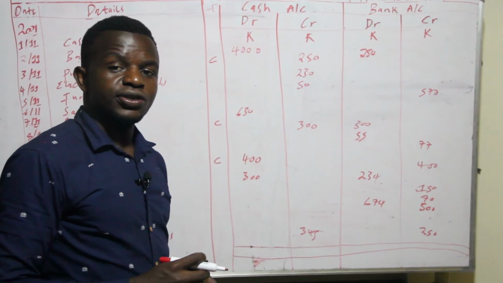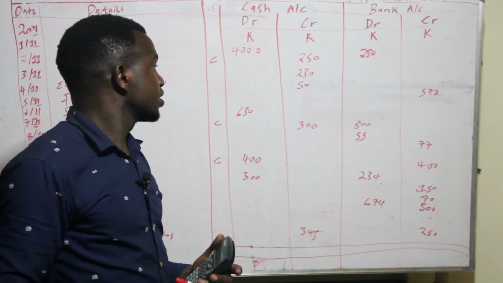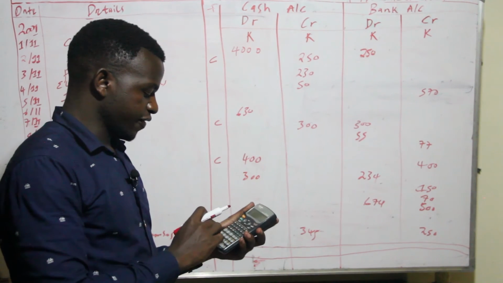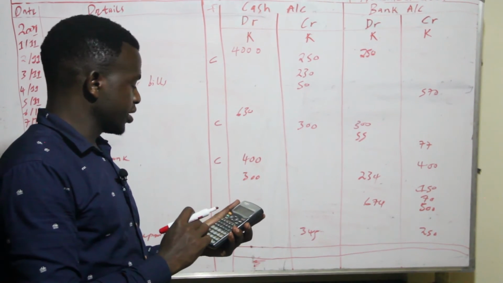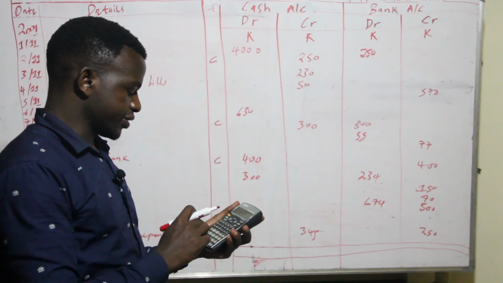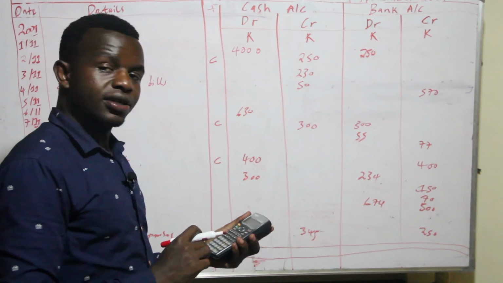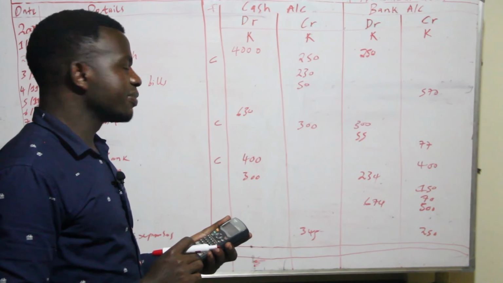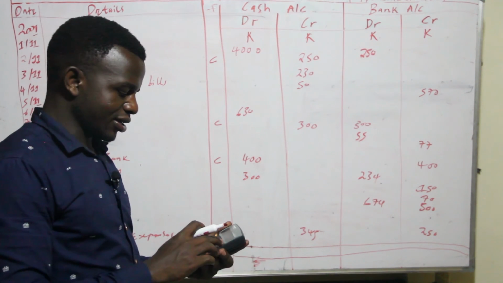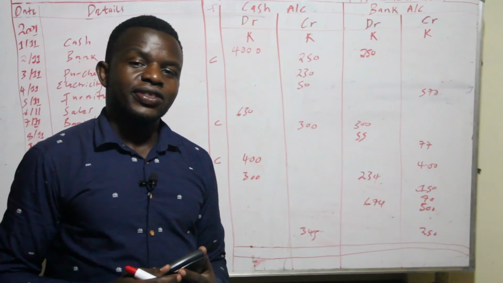So I'm going to find the totals for the debit side and credit side of the cash account.